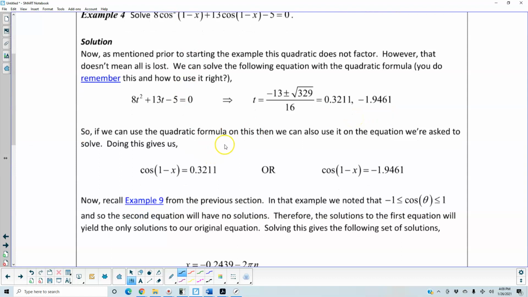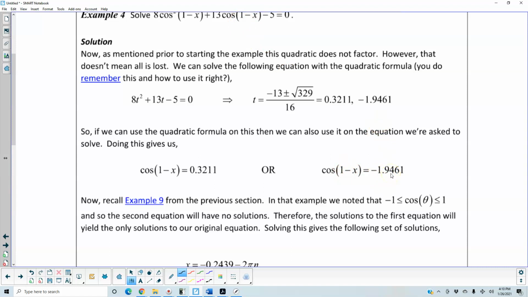So if we can use this quadratic formula on this, then we can also use it on the equation we're asked to solve. So doing this, we know that the cosine of 1 minus x is going to equal one of the solutions, 0.3211, or the other one is going to be cosine of 1 minus x equal to negative 1.9461.